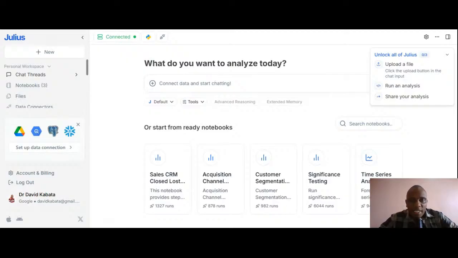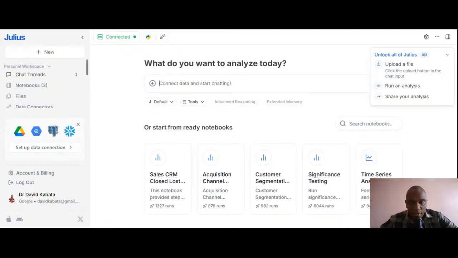So there is this data that I have, and I wanted to use it. So I will come here and say that I want to analyze data in a PDF.